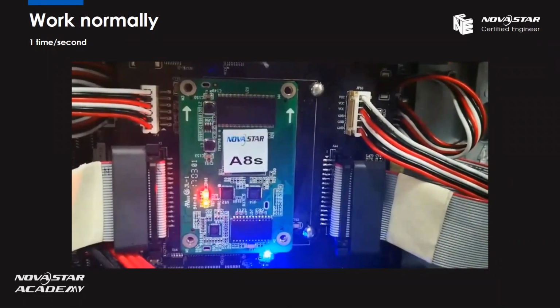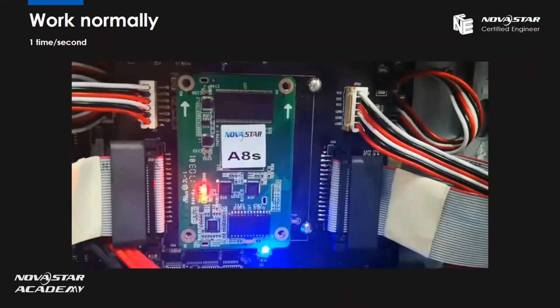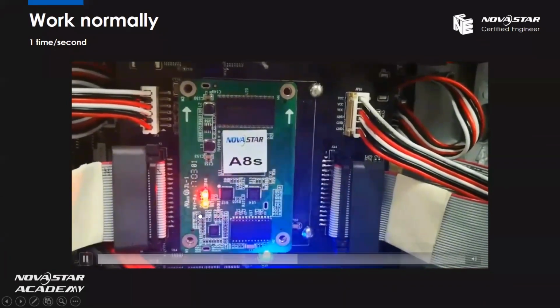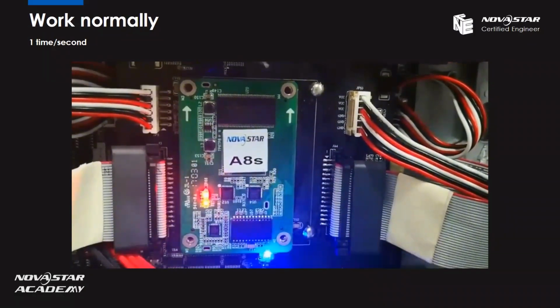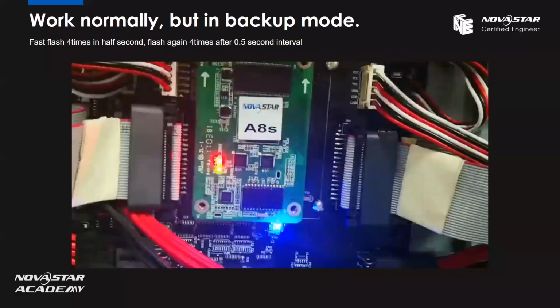Let's see the second situation, also a short video. Here we can see the receiving card green indicator light flashes very fast.